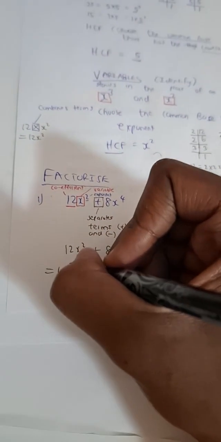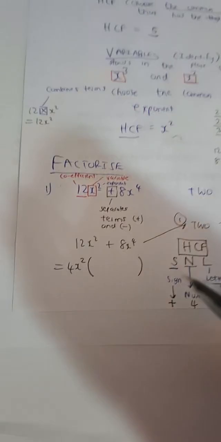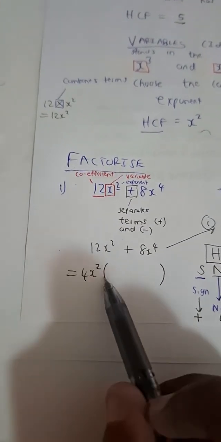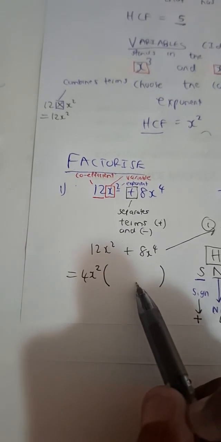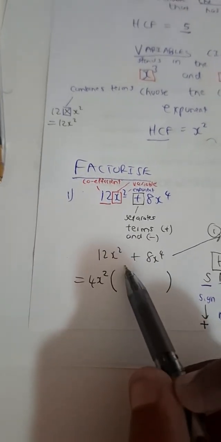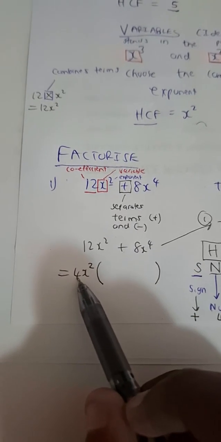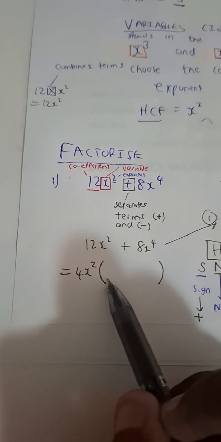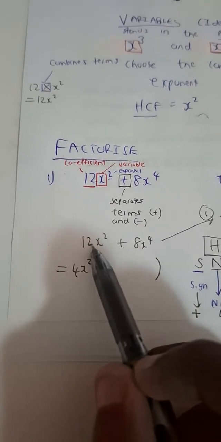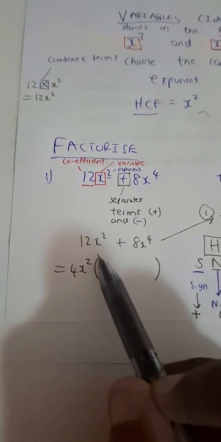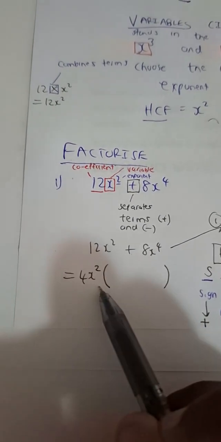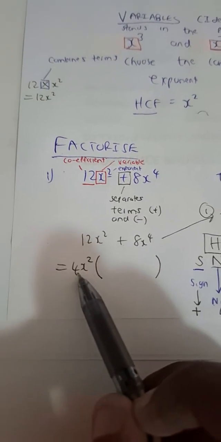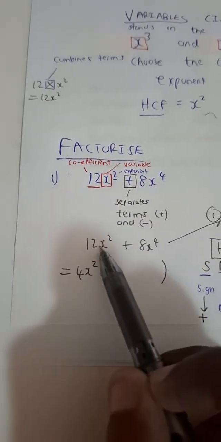Then I open some brackets because I want to check, since I've taken out 4x squared, what am I left with on the left hand side? In order to know what is left over, I'm going to ask myself, 4 times what gives me 12?